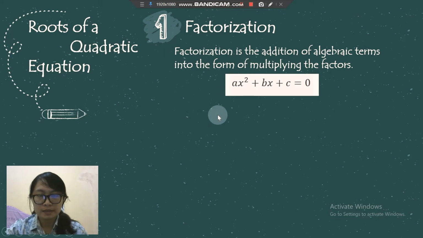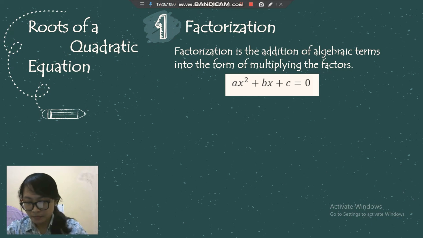Ax squared plus bx plus c equals 0, where b can be taken from the sum of the first and second terms, and c is the result of multiplying the first and second terms.